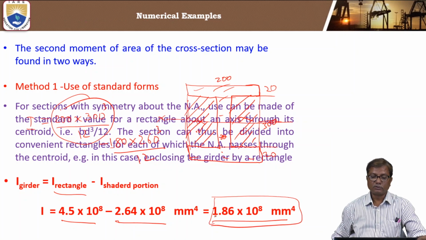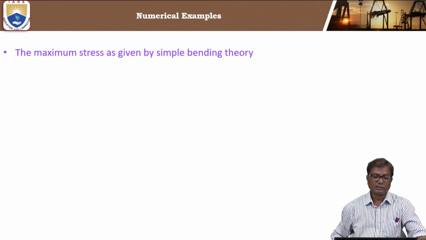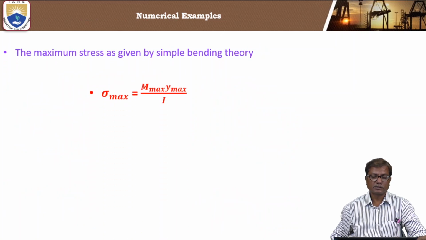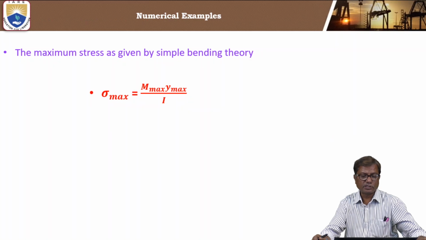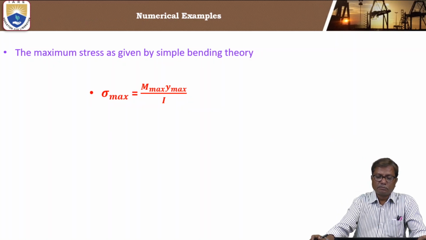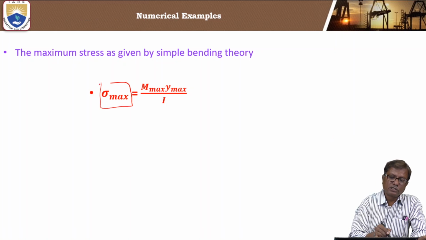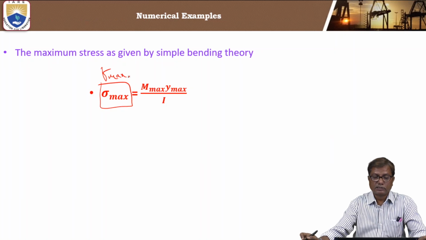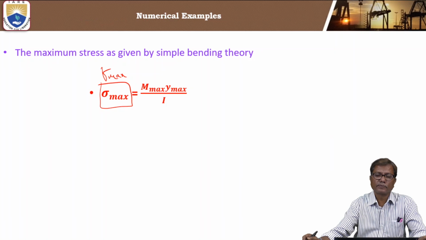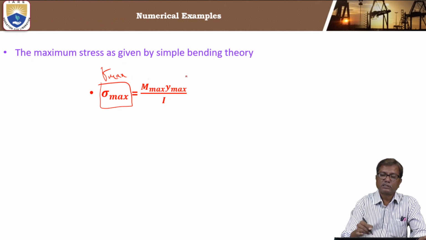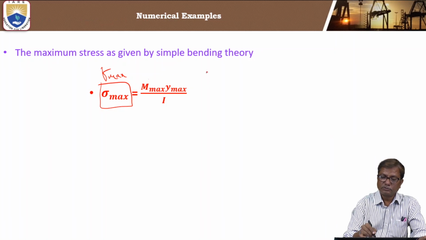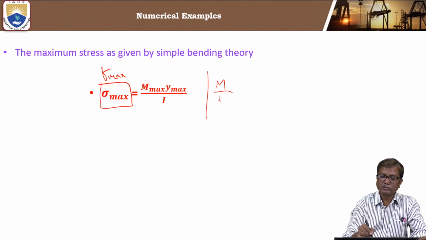Okay. Now, the maximum bending stress is given by the equation, sigma maximum or F maximum. We can use either one. We can use the term F or sigma for bending stress, which is given as My by I, taken from this only.